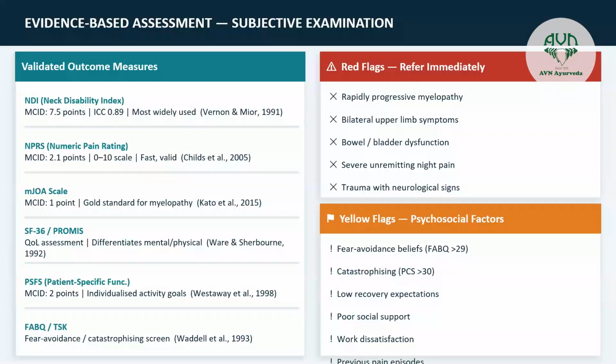And the fear avoidance or catastrophizing scale. We have to initially give this to the patient to assess, and start therapy or the rehab plan accordingly, because there are certain psychosocial factors coming into play.